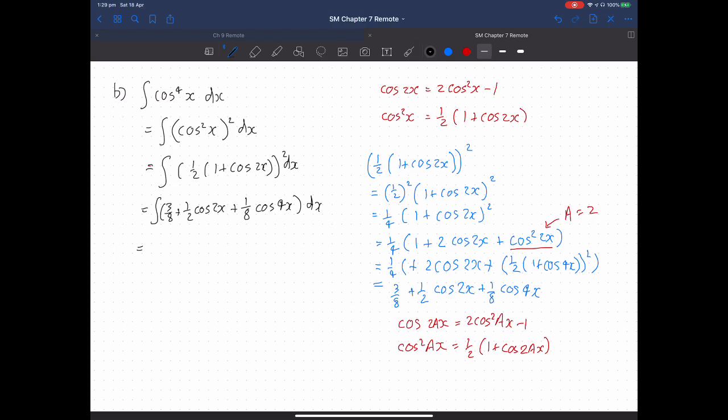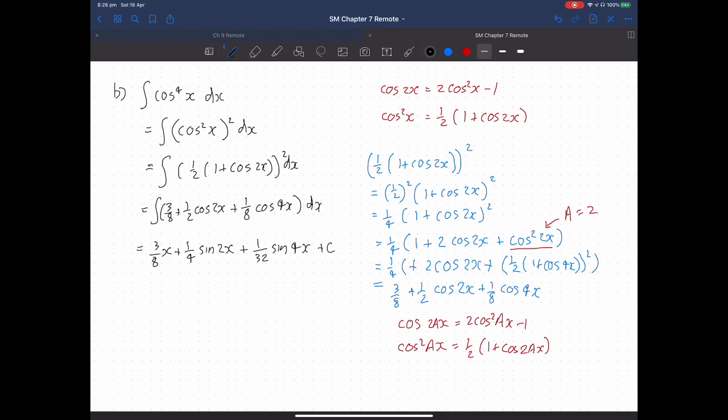The antiderivative of 3/8 is 3/8 x, plus the antiderivative of 1/2 cos 2x is 1/4 sine 2x, plus the antiderivative of 1/8 cos 4x is 1/32 sine 4x, plus c.